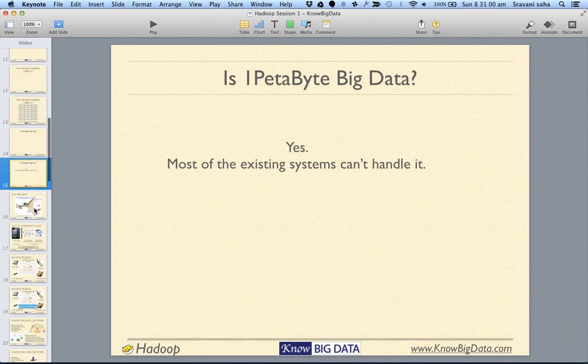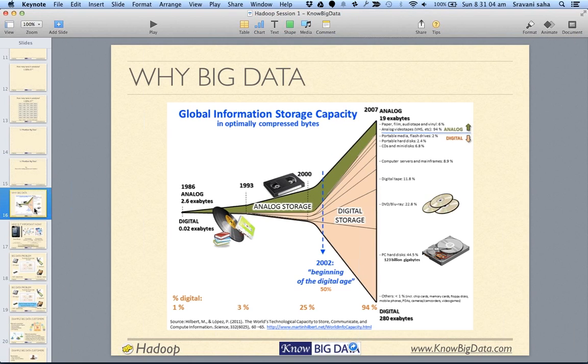This is a typical diagram which shows that digital storage has expanded exponentially after 2002. The lower part is digital storage, the upper part is analog storage.